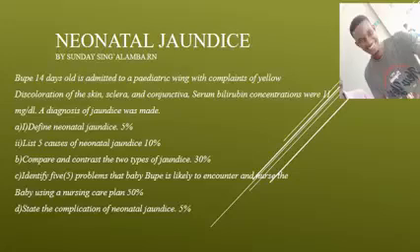Before we move to question A2, allow me to briefly talk about the metabolism of bilirubin, or how bilirubin is formed. We all know that bilirubin comes due to what? The breakdown of red blood cells. When the red blood cells are broken down, a product is formed which we call heme.